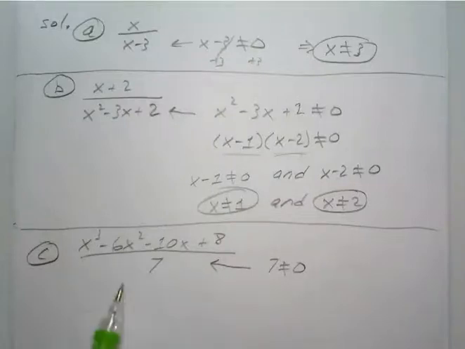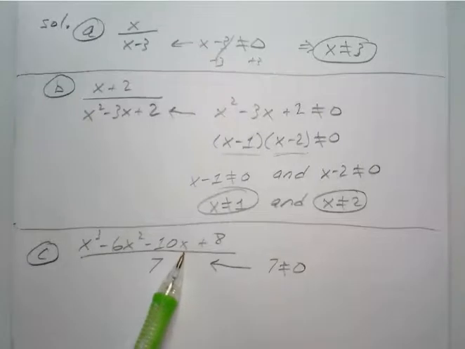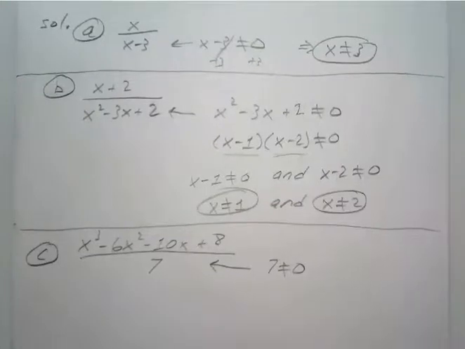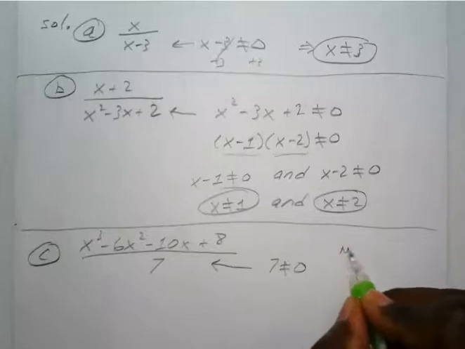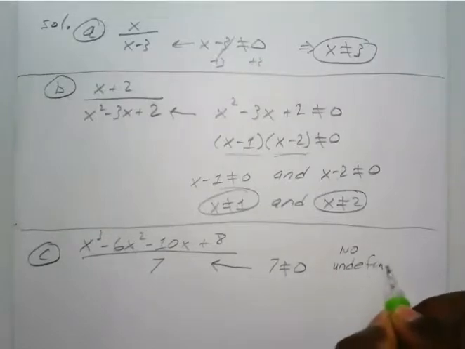No matter what we replace x with, there's no magical way to make 7 equal 0. It's just not going to happen. So that means there are no undefined values. You can plug anything in up here, and it's not going to make that denominator 0. So you have no undefined values.